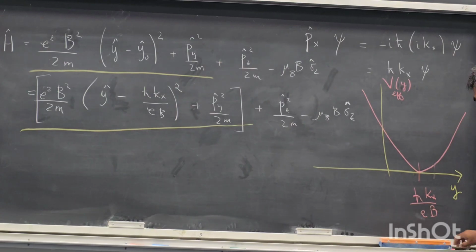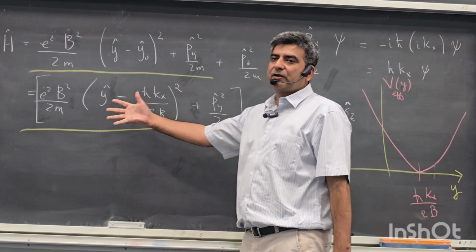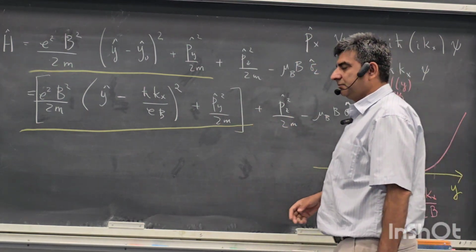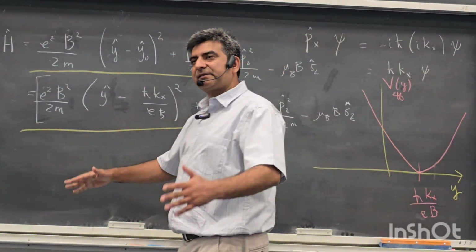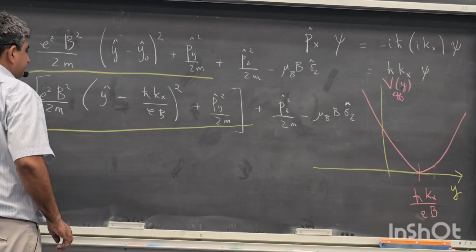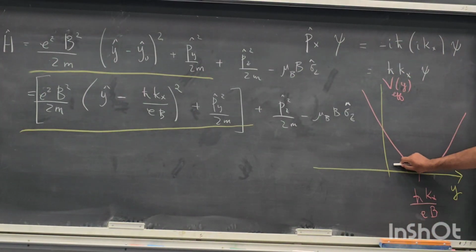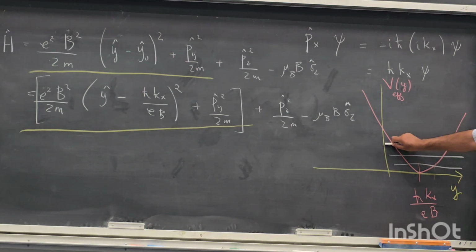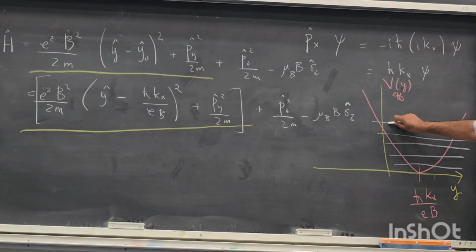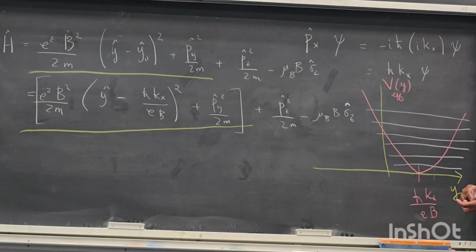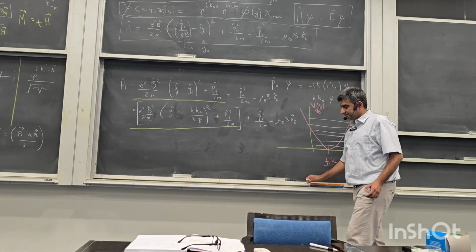Okay, and from this, what does the energy structure for a harmonic oscillator look like? Equally spaced levels, right?